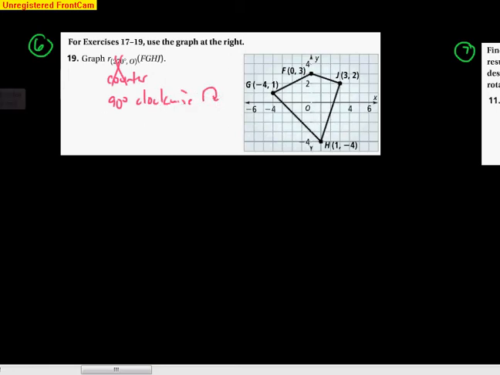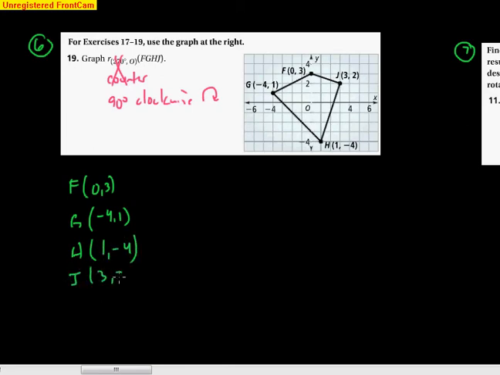Now what I would suggest you do is write the coordinates. So F is at the point (0, 3). G is at the point (-4, 1). H is at the point (1, -4). And J is at the point (3, 2). And there are 2 rules.